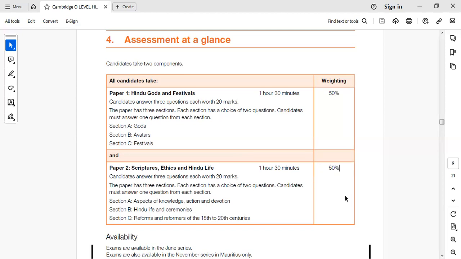Your result will be a total of 50% of paper 1 and 50% of paper 2. That will be your total.